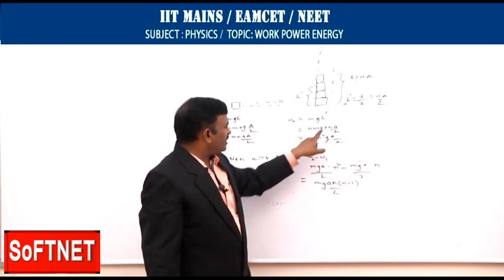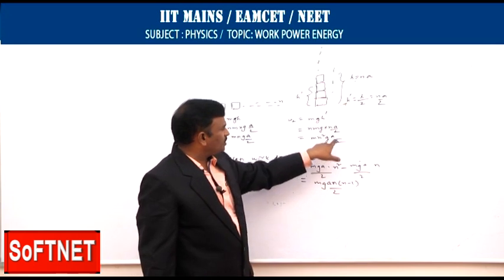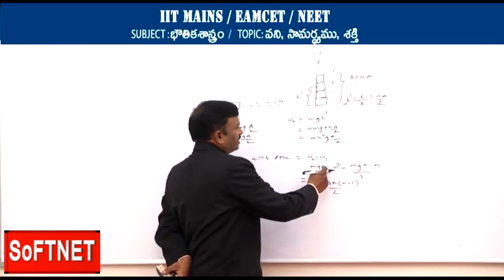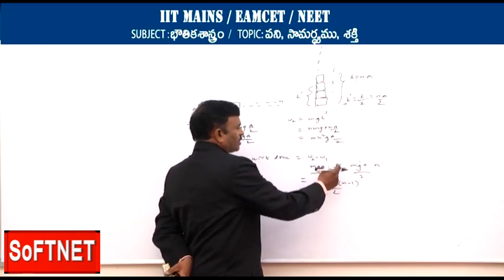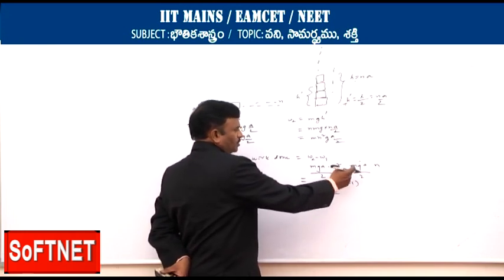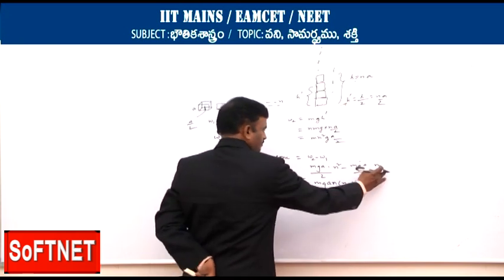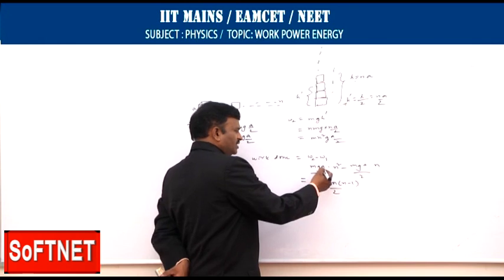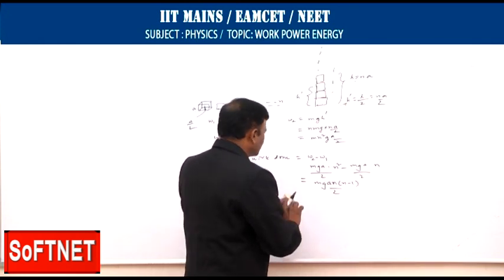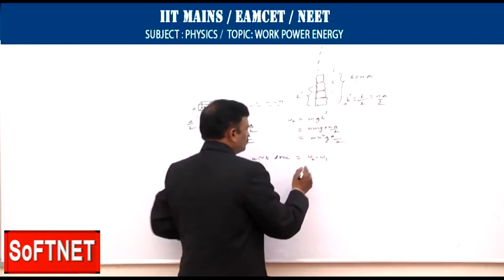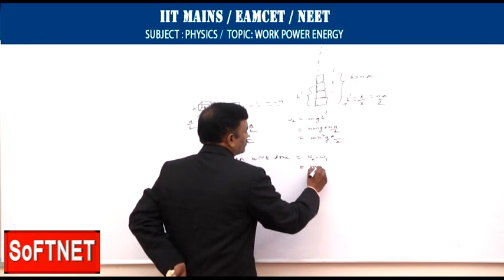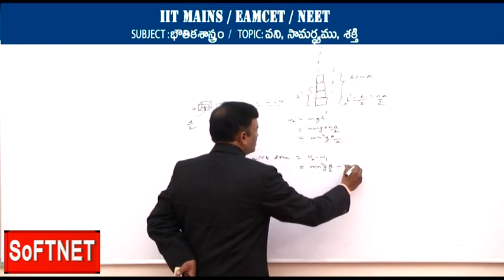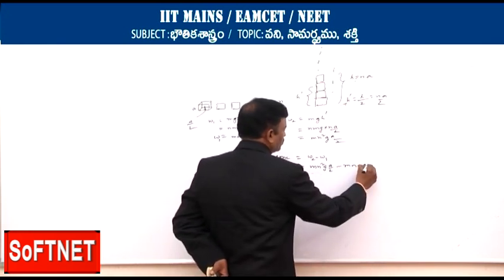Now n into n is n square, m n square g into a by 2. So we substitute the same thing: final work done is m g a n square a by 2, the same value we got, m n square g into a by 2 minus m n g into a by 2.